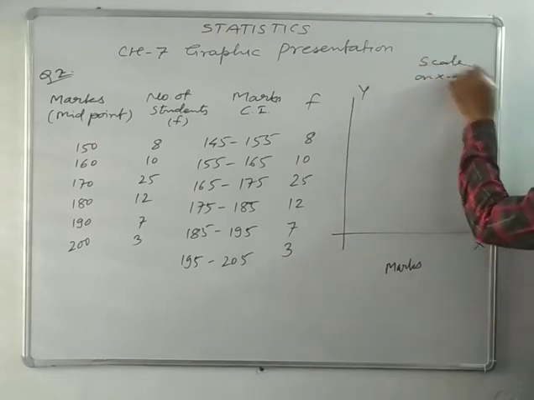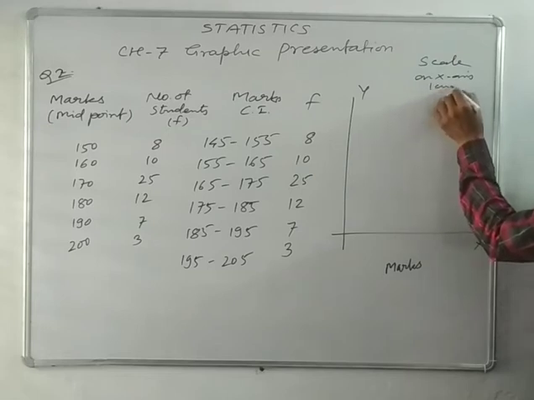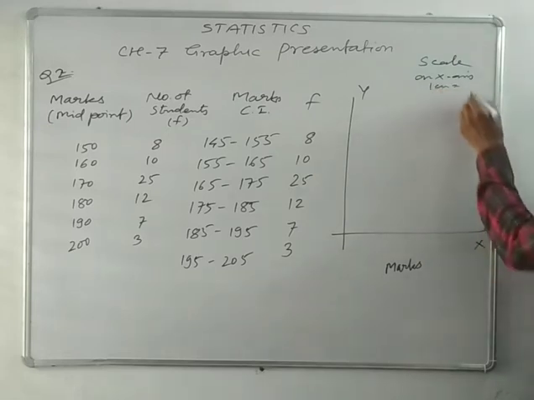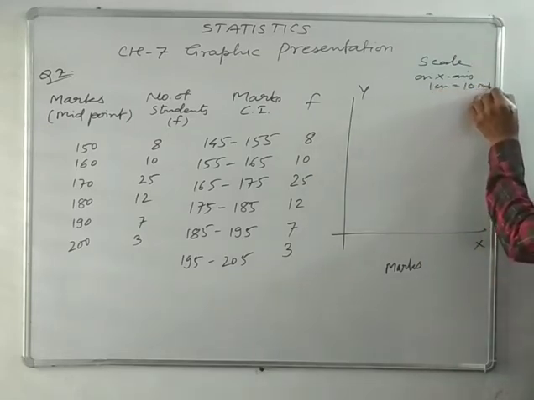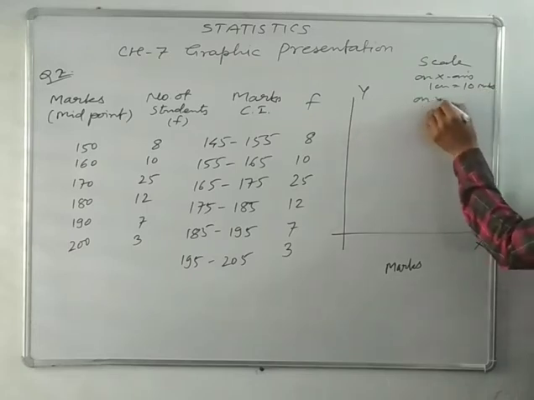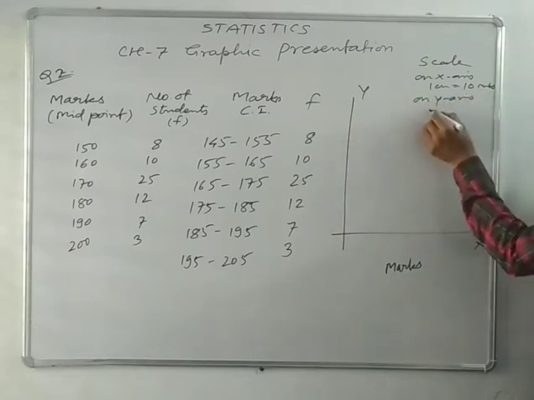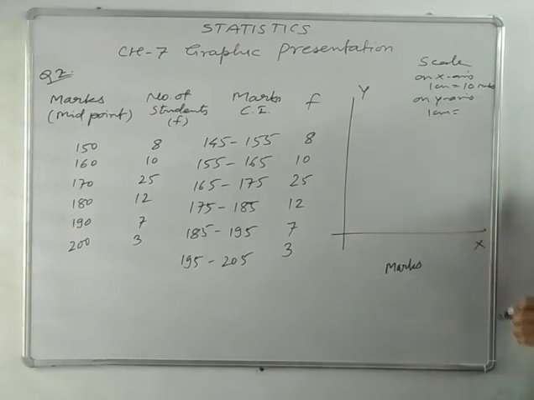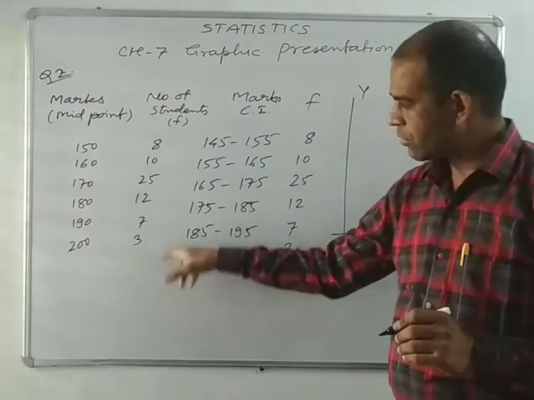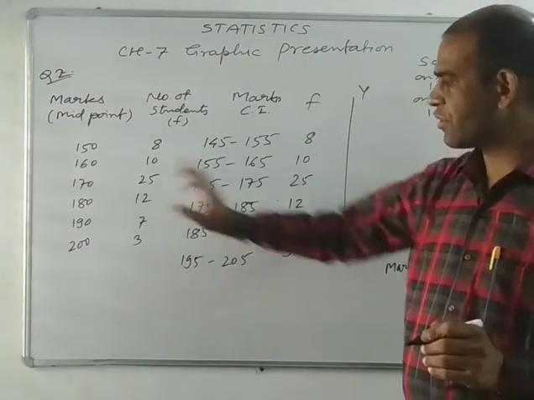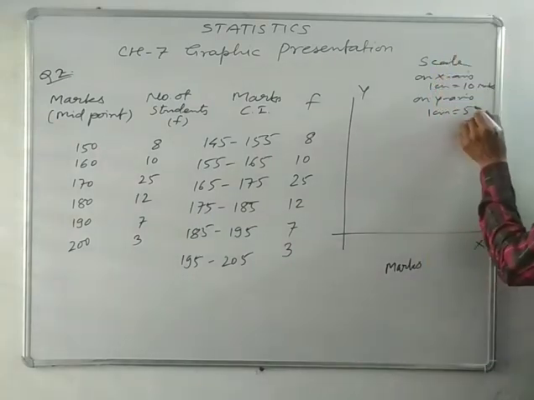Scale choose karte pehle 1 centimeter equal to 10 marks, and on the y axis 1 centimeter equal to, here the maximum value is 25, so 5 students.